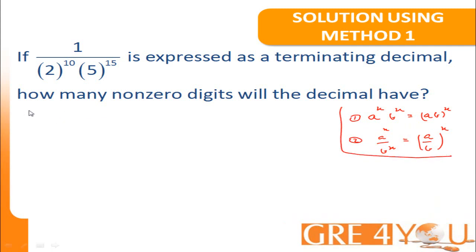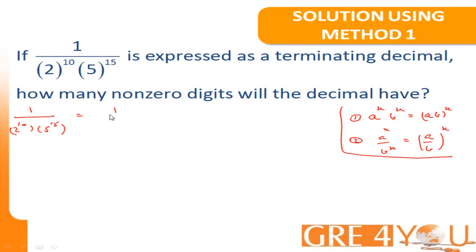Now let me rewrite the problem down here below. 1 over 2 to the 10 times 5 to the 15 is what we have. I'm going to keep the 1 over 2 to the 10 as it is, and I'm going to split the 5 to the 15 into a 5 to the 5 times a 5 to the 10.